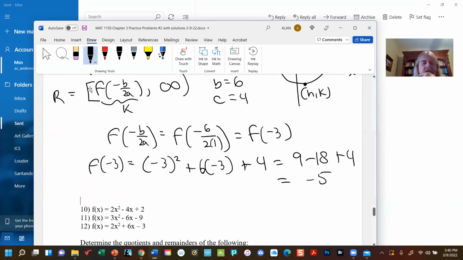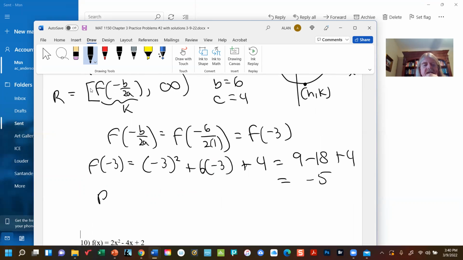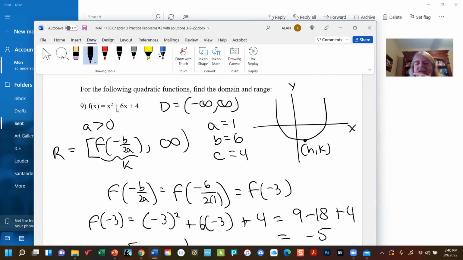So therefore, the range of this function is everything from and including -5 up to infinity. Okay, so in other words, that would mean that k is -5, and then we can work our way up to infinity.